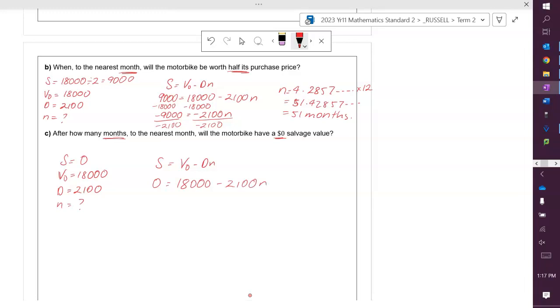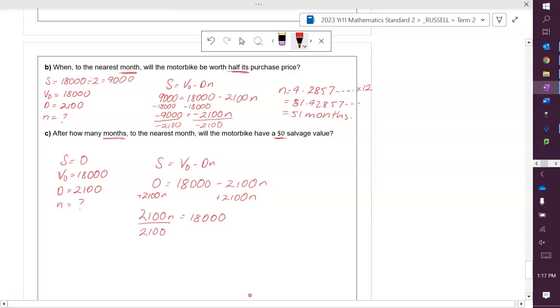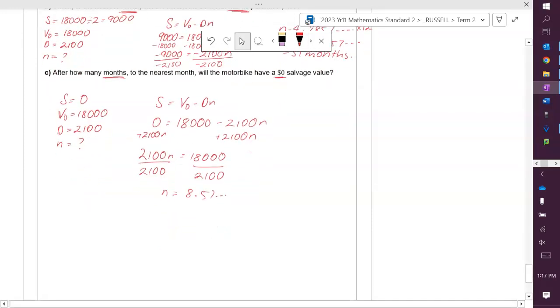This time I want to not be working with a negative, so I'm going to add my 2,100N. So I get 2,100N equals 18,000. To get N, I need to divide by my 2,100. So N is 8.57.